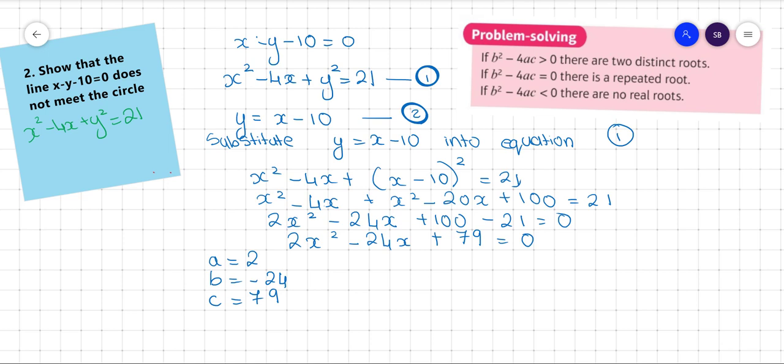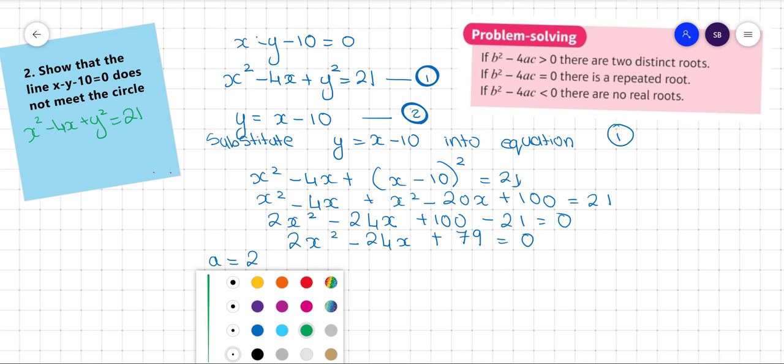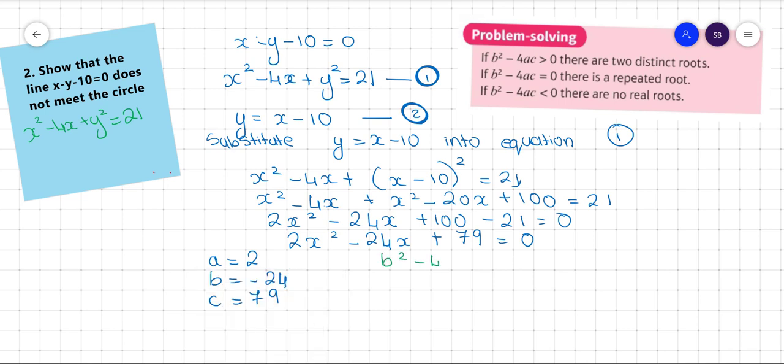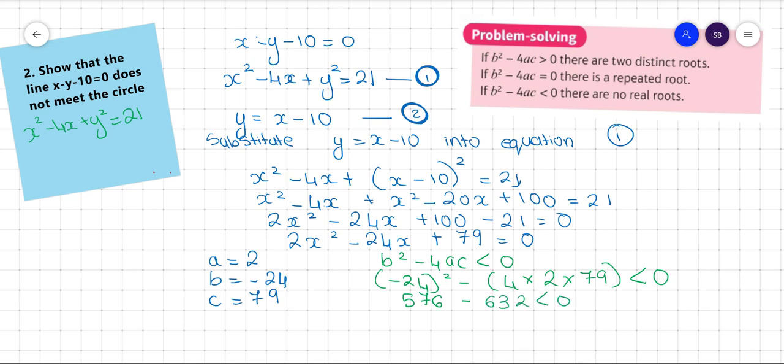So I am going to use the formula b squared minus 4ac is less than 0. Minus 24 squared minus 4 into 2 into 79 is less than 0. Minus 24 squared is 576 minus 4 into 2 into 79 is 632, so you get a negative value, minus 56, which is less than 0.